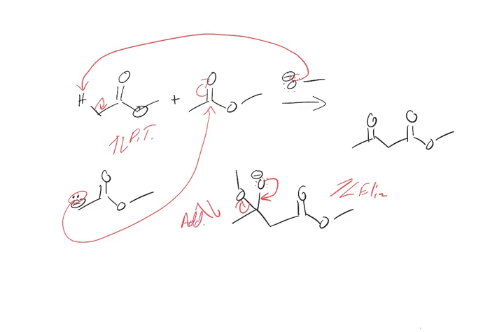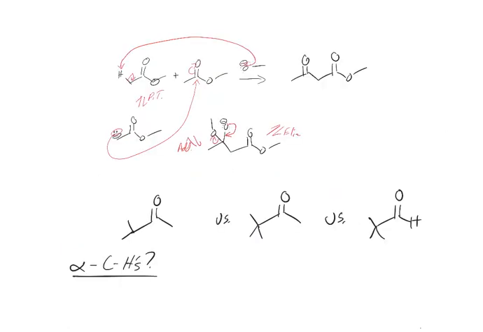So let's say we're thinking about alpha CHs here. I just drew three carbonyls: ketone, ketone, aldehyde. When we say alpha, we mean the carbon one bond away. So these are the alpha carbons, and they have to have hydrogens on them to be deprotonated.